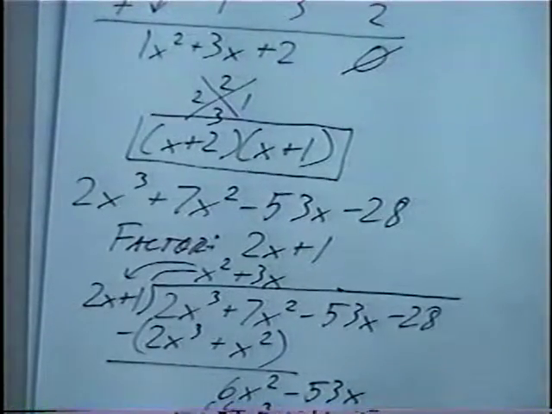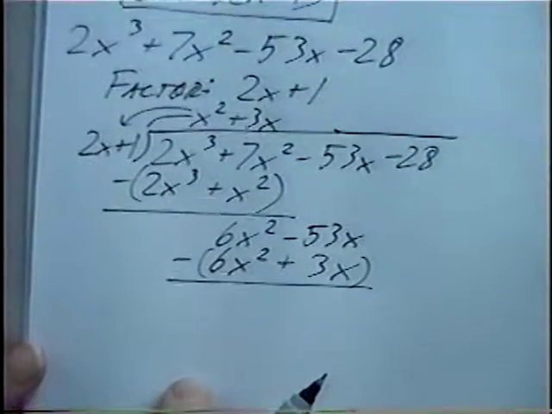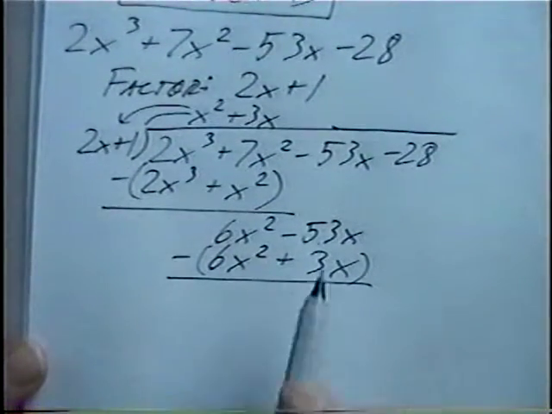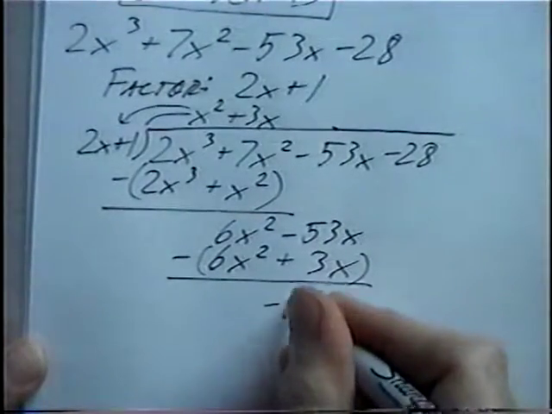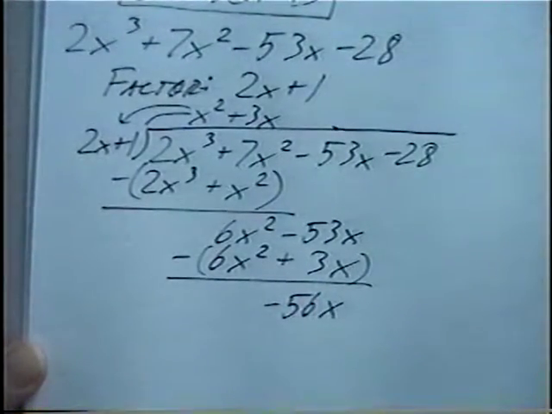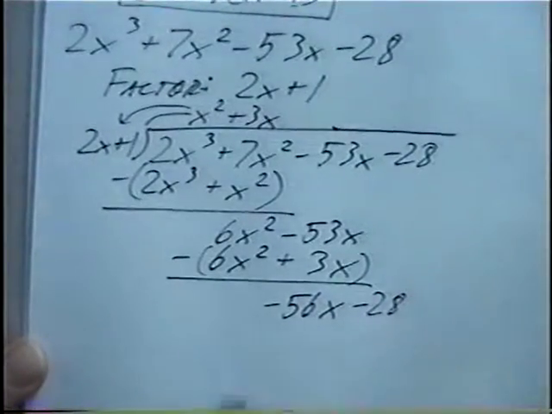Parentheses and subtract. Negative 53 minus 3 is negative 56x. And the last term we drop down, minus 28.